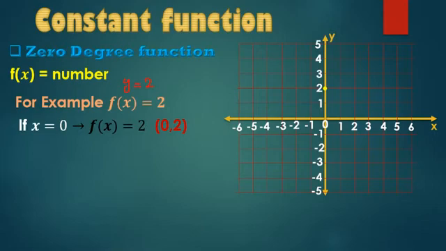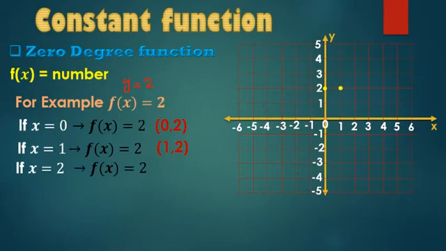If x equals 1, then also y or f of x equals 2. It is represented as the ordered pair (1, 2), here in this position. And if x equals 2, then f of x equals 2 also. It is represented here as (2, 2) in this position.